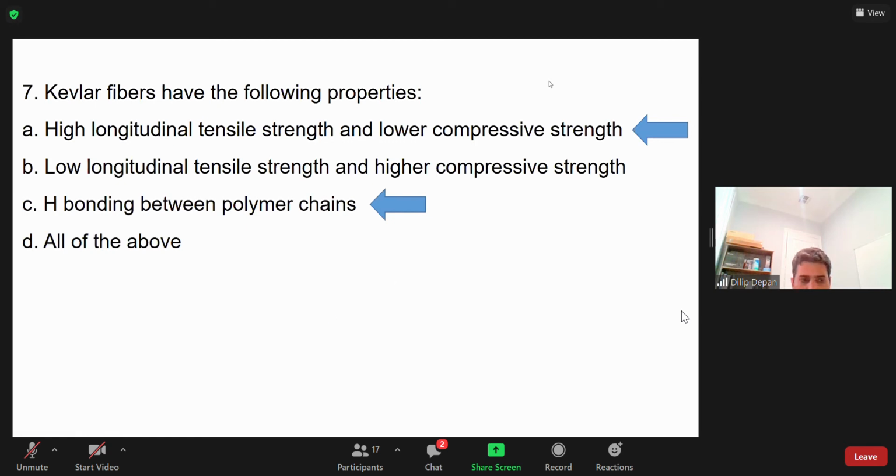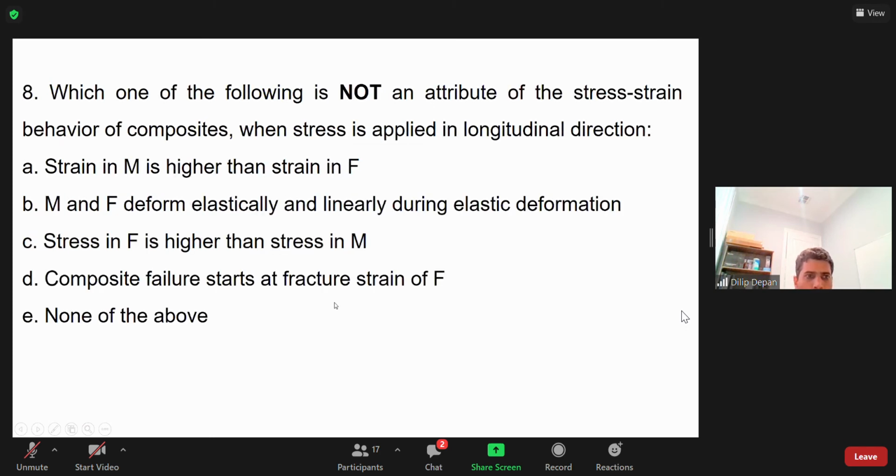Okay, next question for Garrett. Which one of the following is not an attribute of the stress strain behavior of composites when stress is applied in the longitudinal direction?